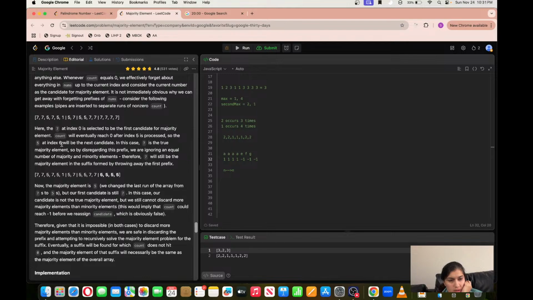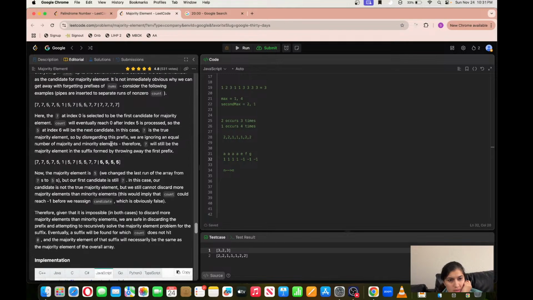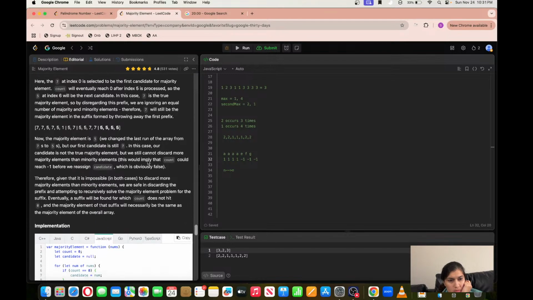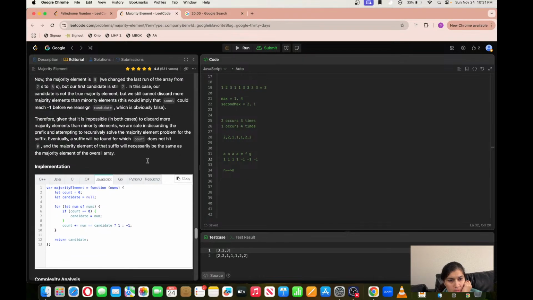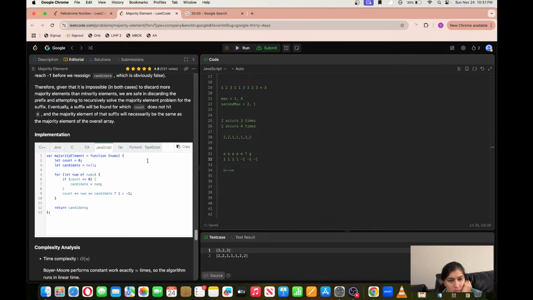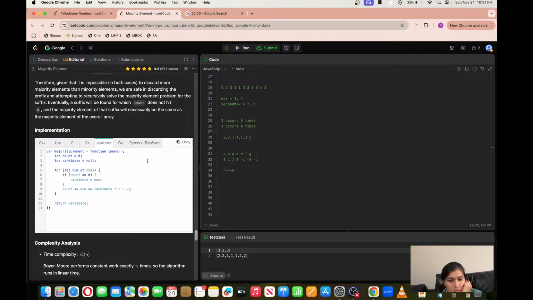So the 5 at index 5 will be the next candidate. So we need to find the majority of that suffix.